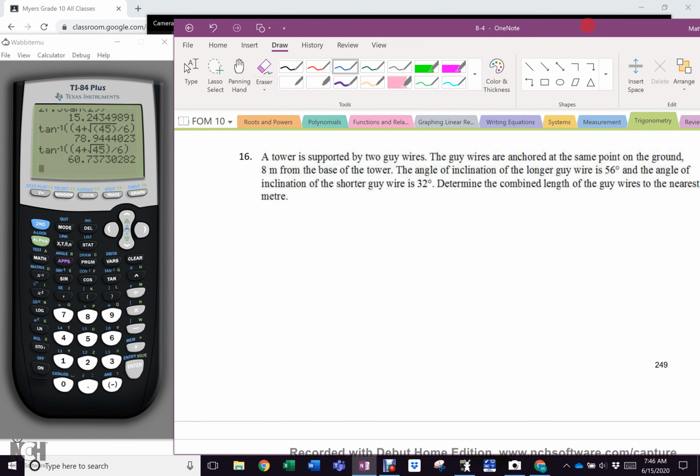So there we are. The tower is supported by 2 wires. The wires are anchored to the same point on the ground, 8 meters from the base of the tower. So there's my tower, and it's got 2 wires, 8 meters from the bottom of the tower.